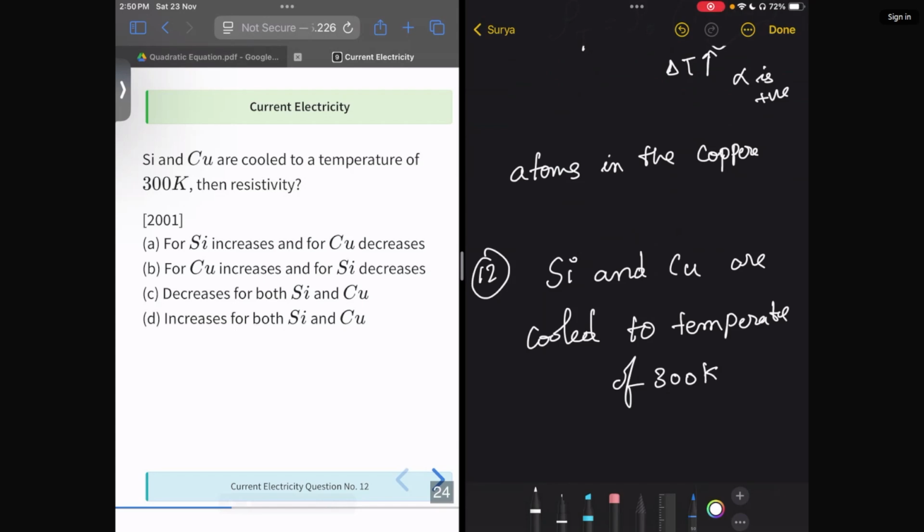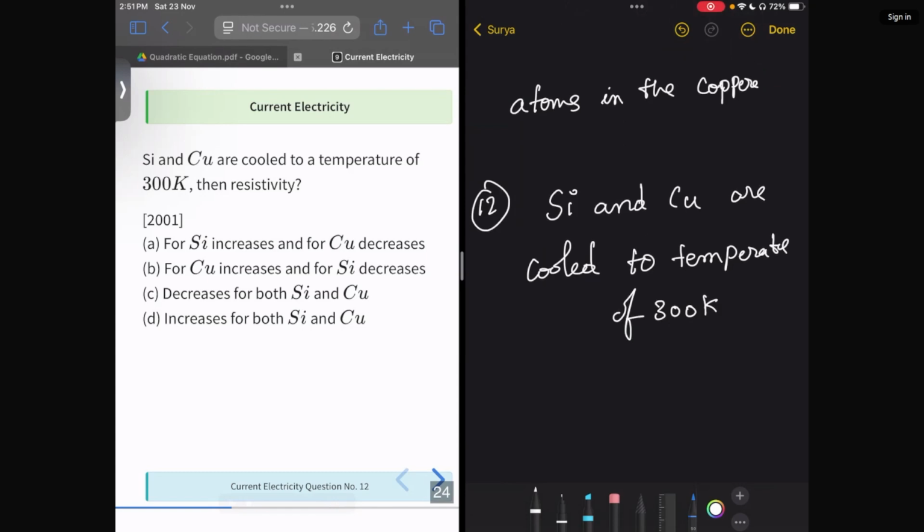Here they are cooling to 300, so temperature is decreasing. So definitely copper resistivity will decrease. So option A and C might be right, because B and D are wrong. Copper definitely will decrease, so we have to choose between option A and C.